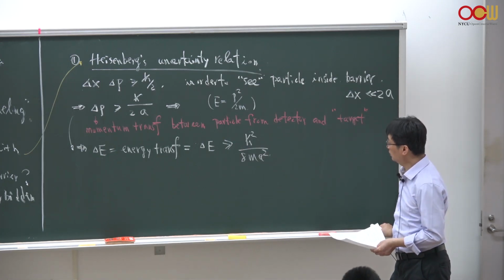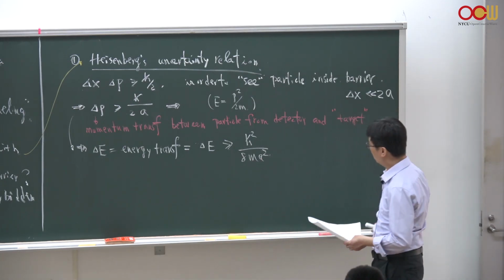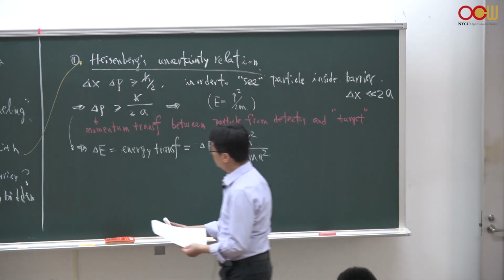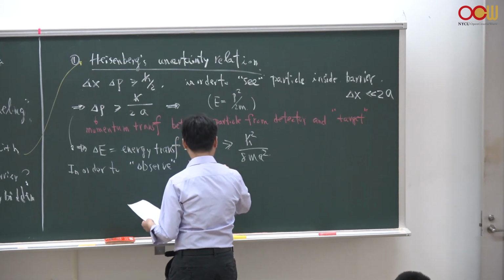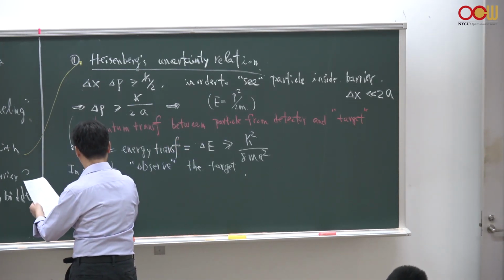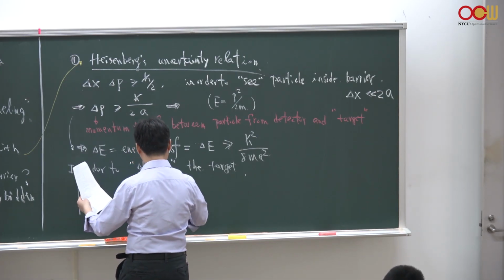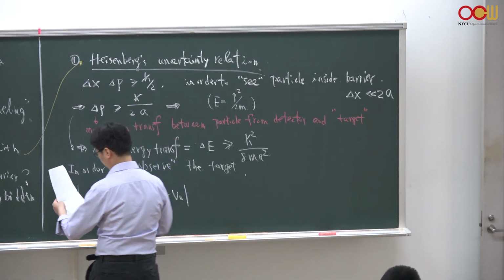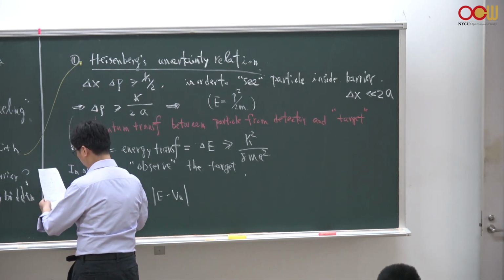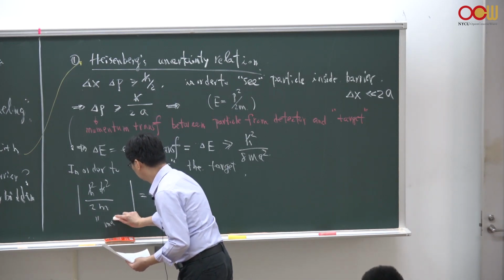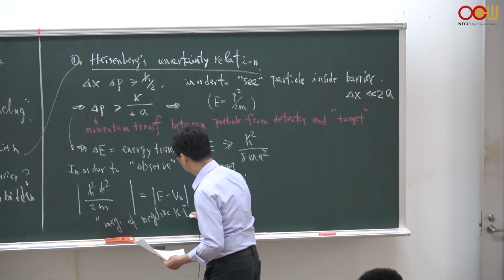Or this delta E is much bigger than this value, h bar squared over m a squared. So let me just summarize this. In order to see this particle, the target, the magnitude of this negative energy, which is the absolute value of E minus V0, which we call h bar squared kappa squared divided by 2m, is the magnitude of the negative kinetic energy.